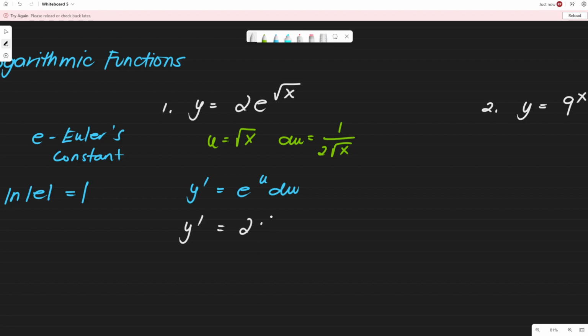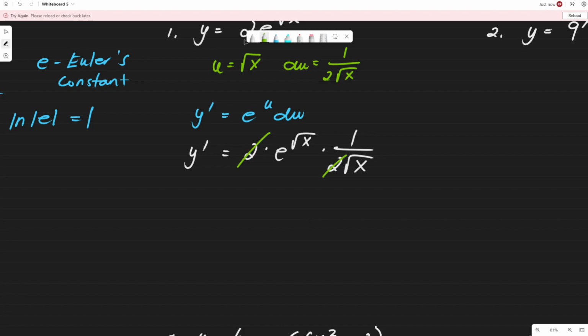That is e raised to square root of x times 1 over 2 square root of x. Since we have 2 sa numerator, we can cancel yung 2. Combining, we have y prime is equal to e raised to square root of x over square root of x.